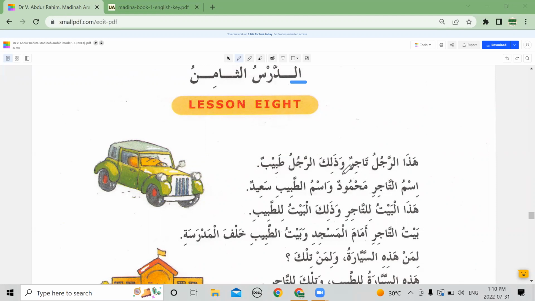That man is a doctor. اسم التاجر محمود واسم الطبيب سعيد. The name of the merchant is Mahmoud, and the name of the doctor is Said.